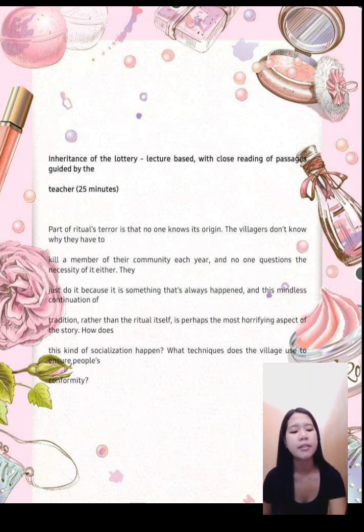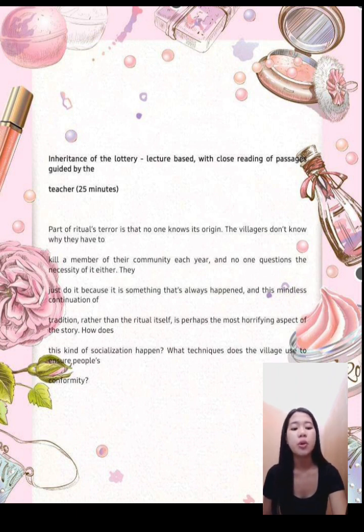Inheritance of the Lottery. It is lecture-based with close reading of passages guided by the teacher, and it will consume about 25 minutes. Part of the ritual's terror is that no one knows its origin.